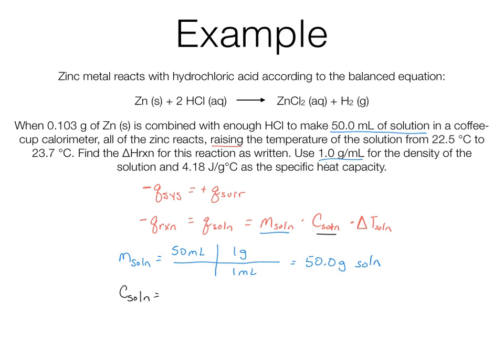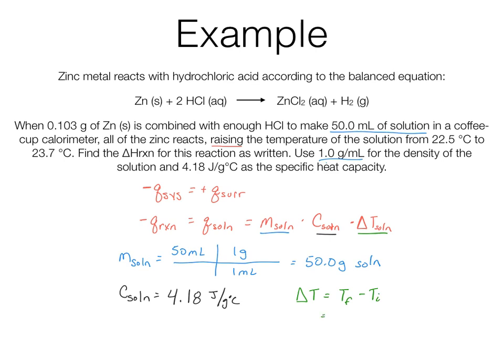It tells us to use the specific heat of water, which is 4.18 joules per gram degree Celsius. And then we need to find the delta T. Remember that delta T is equal to the final temperature minus the initial temperature.